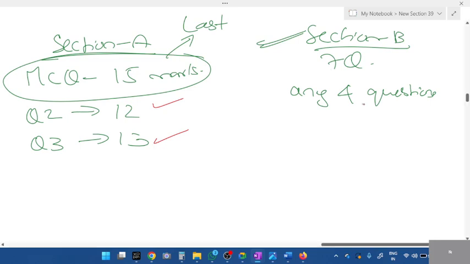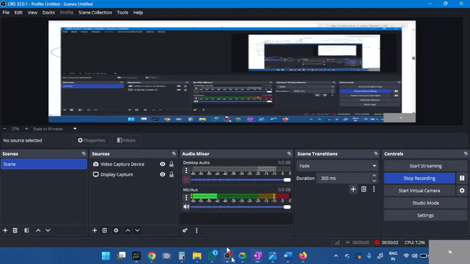Okay, section B, any 4 questions, students. Attempt any 4 questions and attend MCQ in the last. Is it clear, did you all understand the instructions?